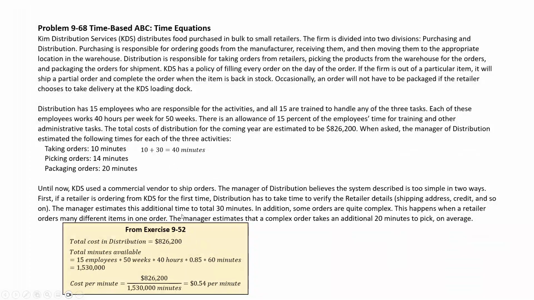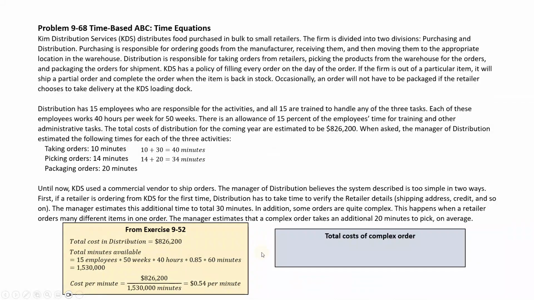They also indicate that sometimes there are retailers that order a lot of different items. And because of that, it's going to take extra time to pick. So while the more simplistic order took 14 minutes, we need to add 20 minutes to that for a total of 34 minutes for a more complex order with a lot of additional items to pick. So while we originally in the first part calculated the typical order, what if it's the most complex order possible?